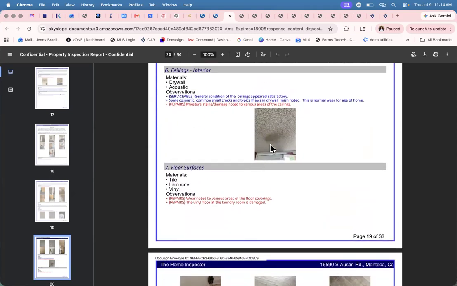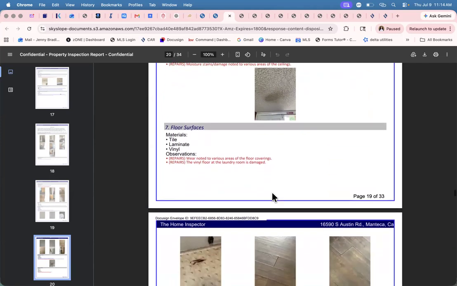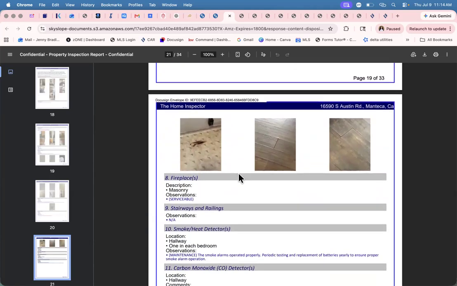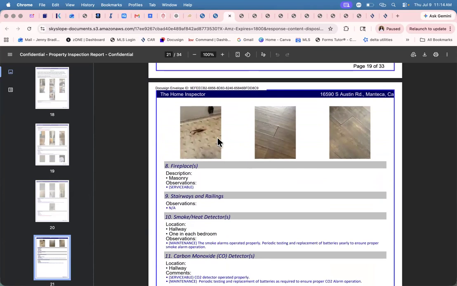This I did also bring to my client's attention. When we asked the listing agent, it was just a previous leak and it was fixed and that was it. So we're noting various floor and ceilings, but okay. All right, so this is just little notes that they put.